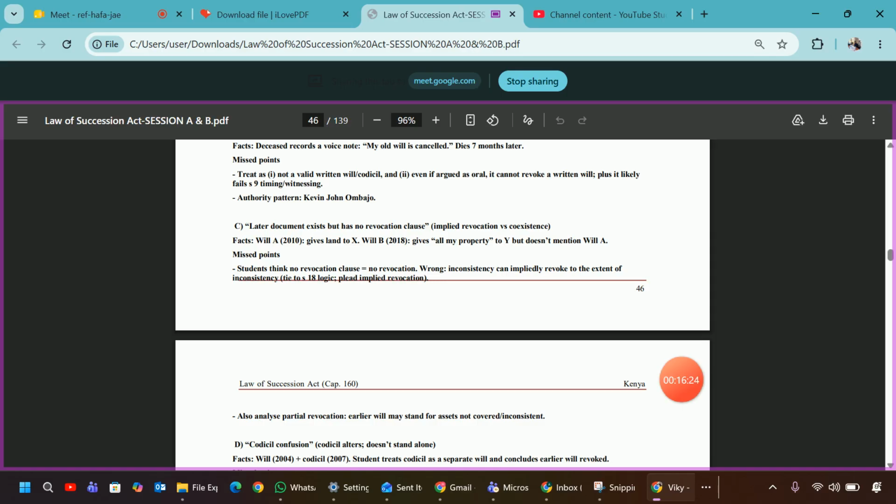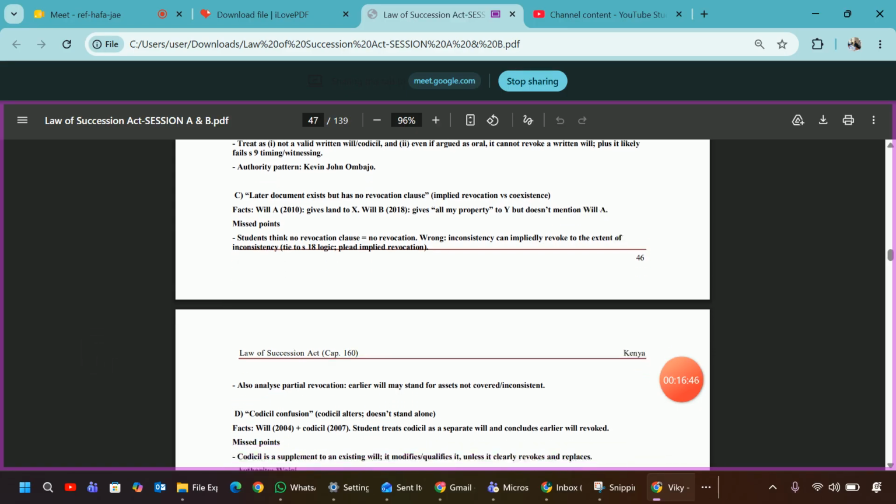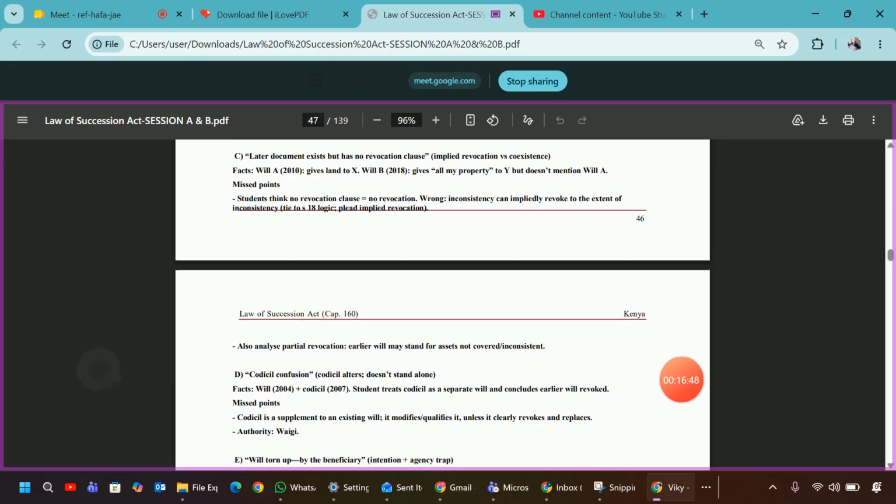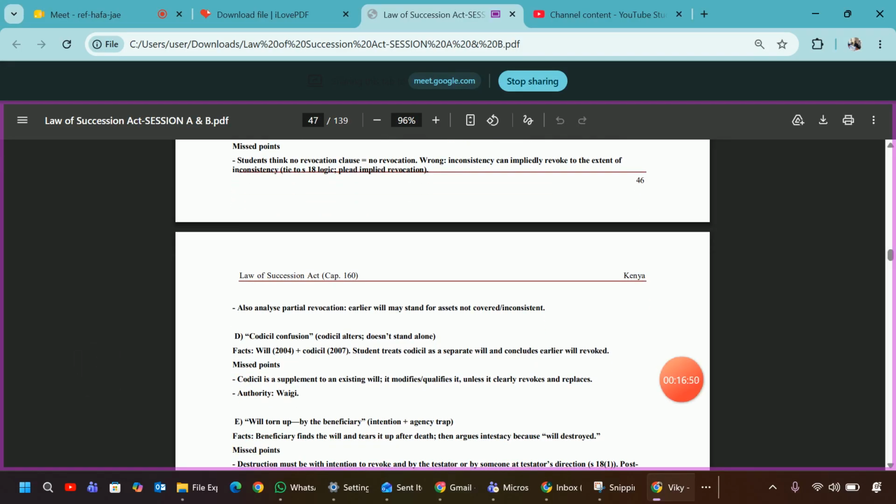Okay, so in this situation, you can say that there is an implied revocation, because the other will has not mentioned will A, and it is inconsistent with the property distribution. One tends to give all the property to Y, while the earlier one was only giving the land to person X. So analyze a partial revocation.